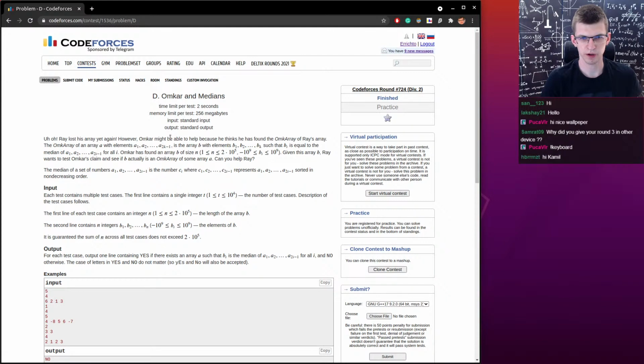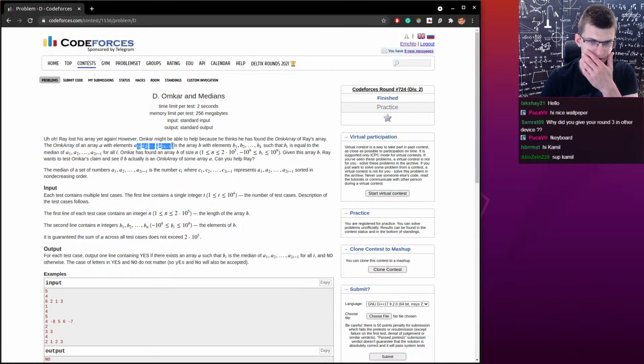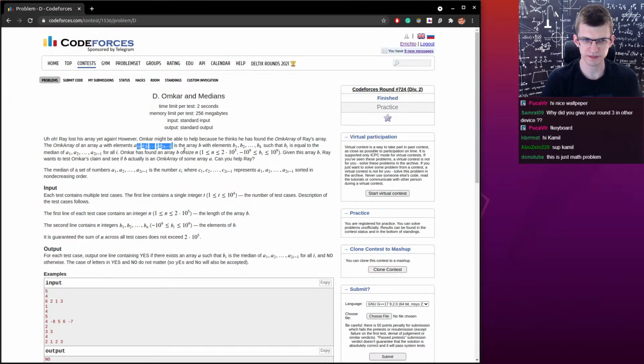What will this be about? Just reading this to see if it's worth solving. There is an array, and then there is a sequence of prefix medians.